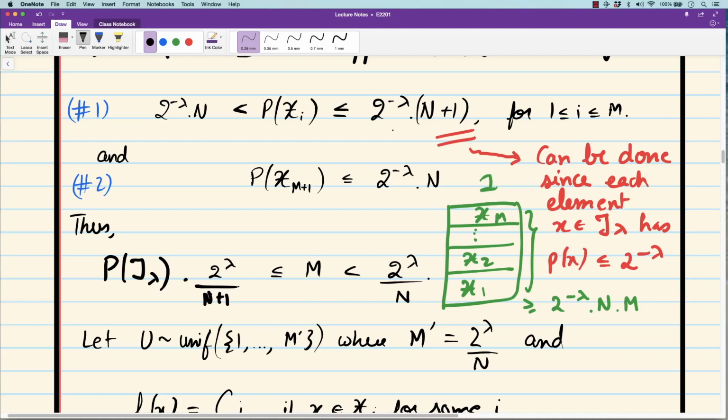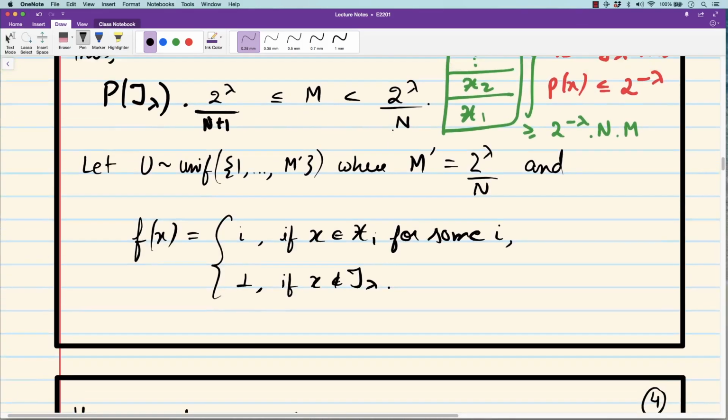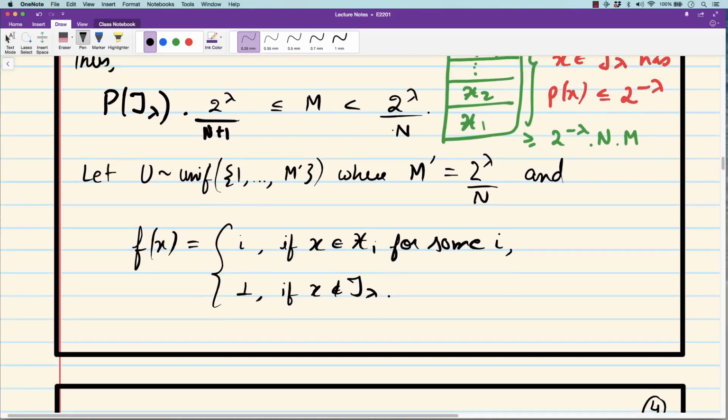So what is your scheme now? Here is my scheme. Let me call this number m prime. This is the size of my output domain. If x is in this part i, for some i, then I declare i.